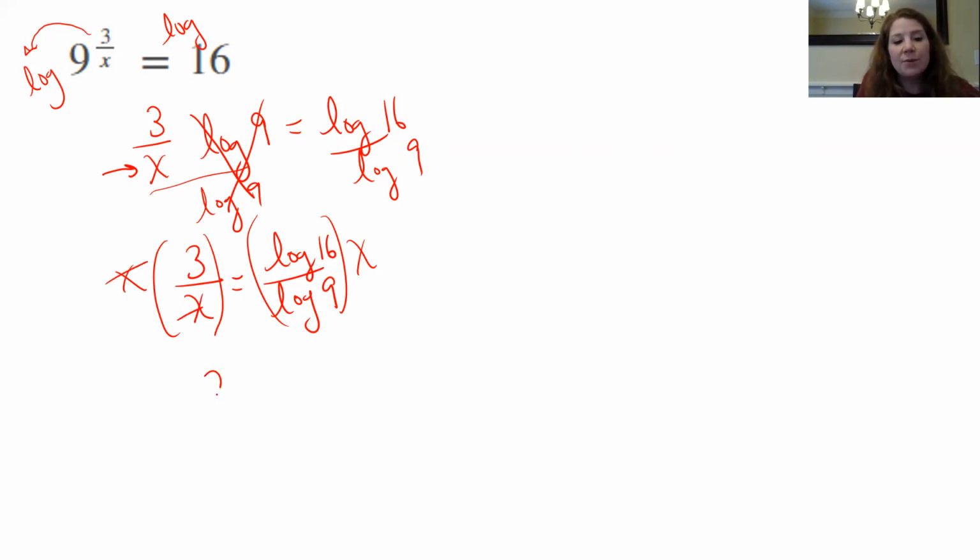So basically 3 is equal to the log of 16 divided by the log of 9 times x. Well, now we want to get x by itself. So the opposite of times this fraction is we're going to divide by this whole thing right here to get x by itself. So basically we're dividing 3 by the log of 16 divided by the log of 9. And that's what x equals.